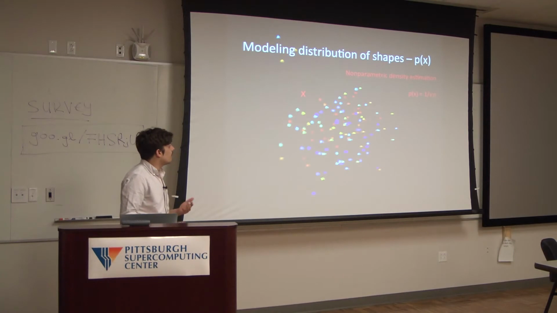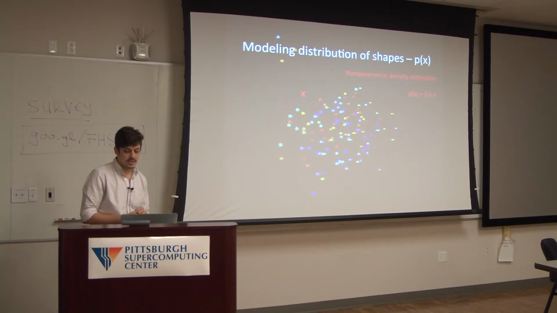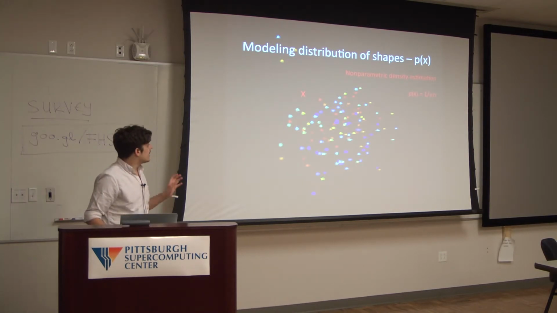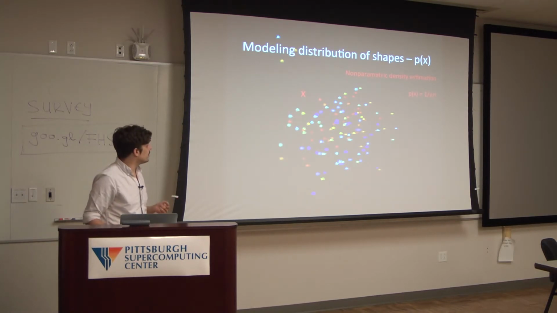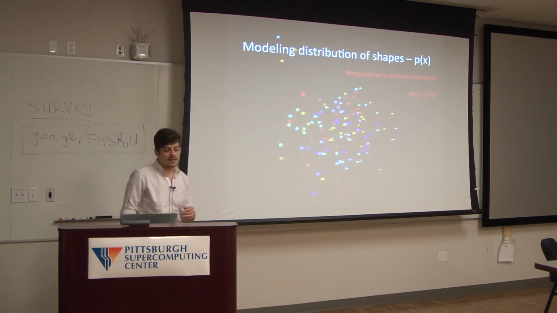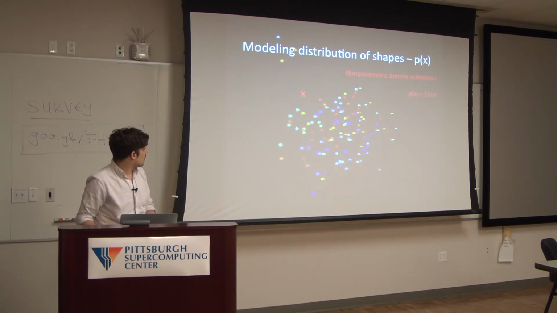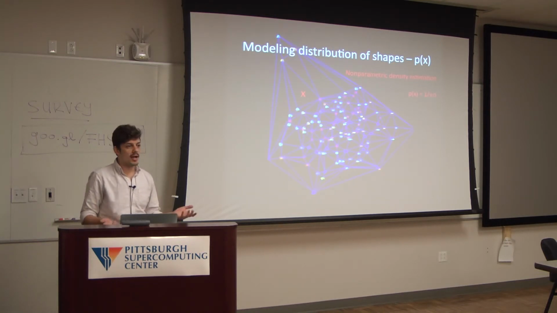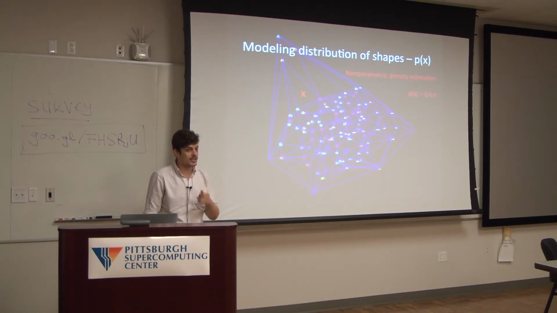And of course, we've been talking a lot about statistical models and probability distributions. This is an example of a shape space of about 100 HeLa cells. And I would like to know the probability density of a cell at this location, indicated by the X. So using a triangulation method called Delaunay triangulation, we can form simplices inside this 2-dimensional shape space.